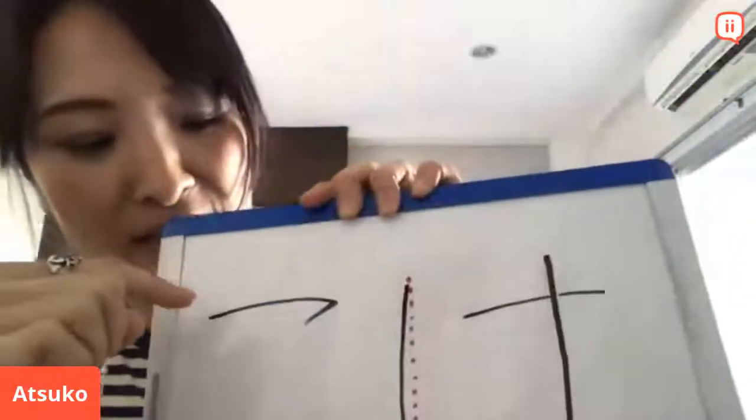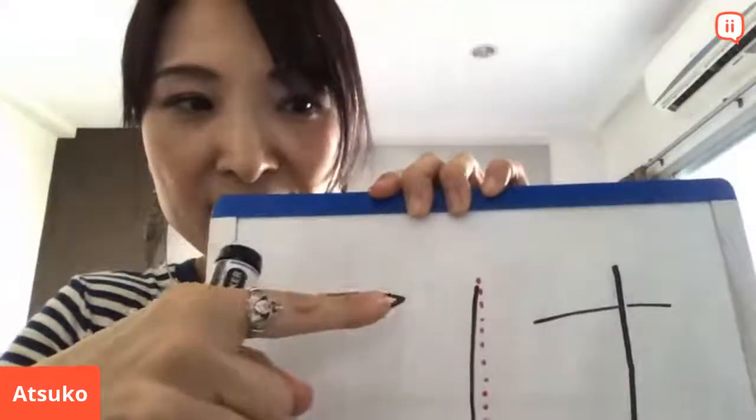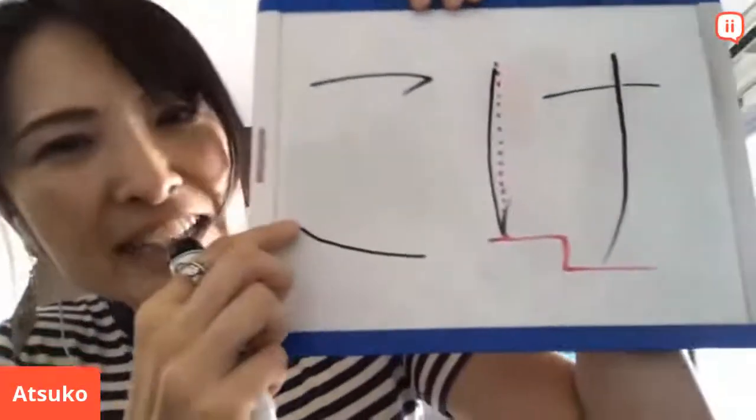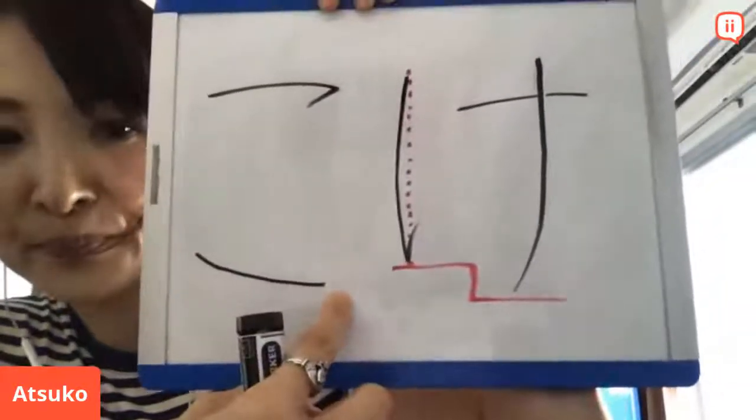Next, ko. First stroke, a little bit curve and jump. Jump. Second stroke, just a little bit down and stop.